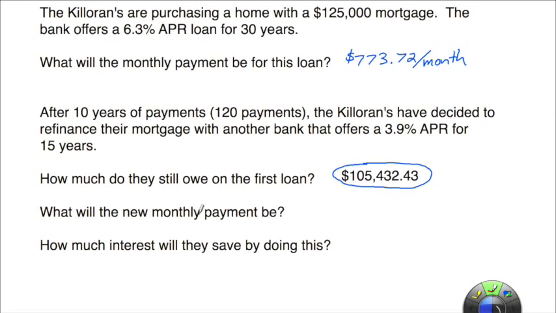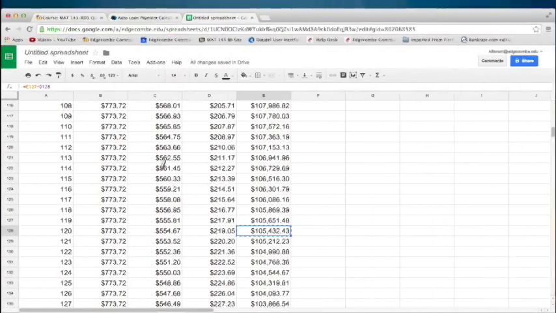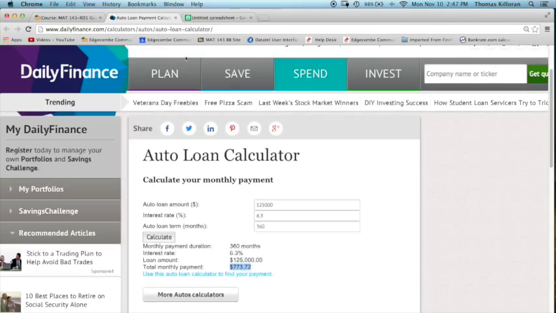Now, what their new monthly payments are going to be, we're going to have to go to that website, use this as the principal, and this as the interest rate, and 15 years of time, which is, I think, 180 months. All right, so let's see if we can get to our website, change a few numbers. Whoops. I think it's still in here.